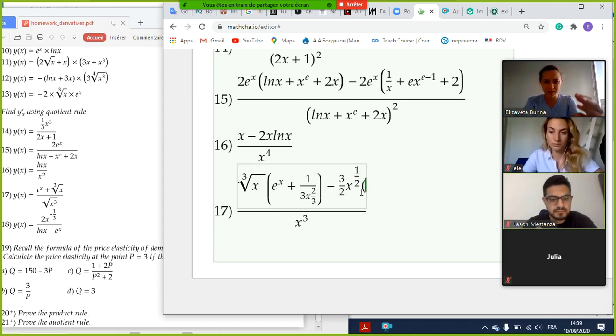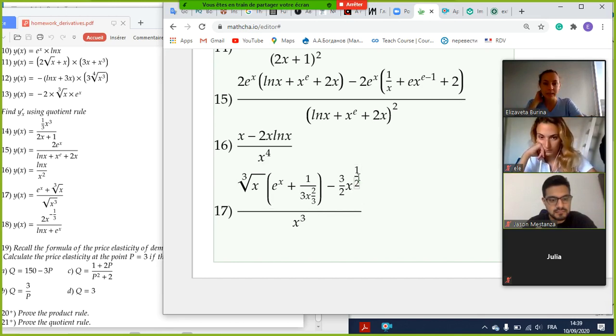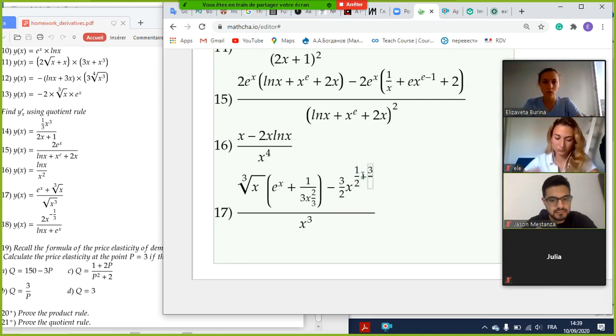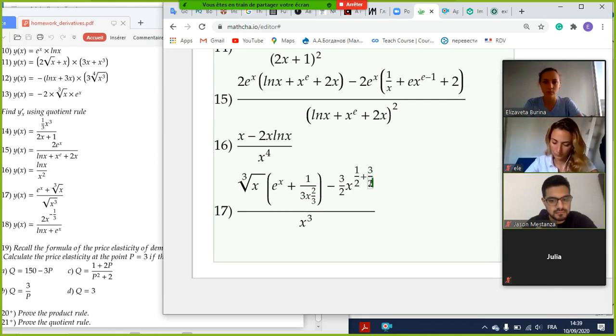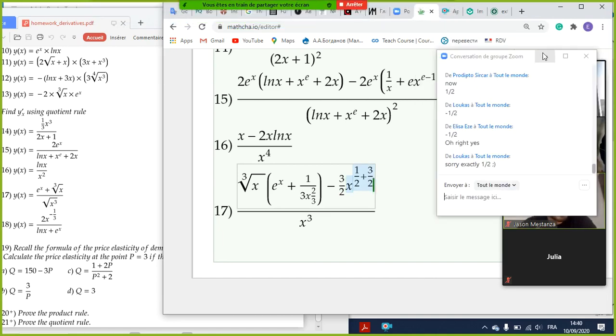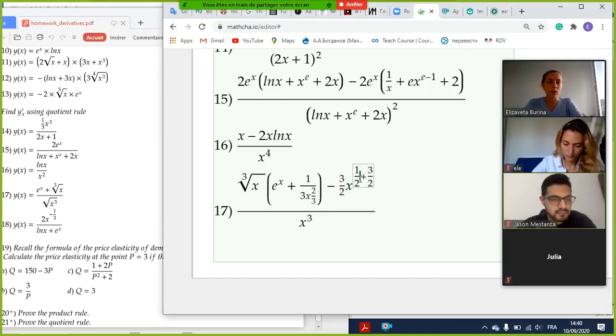Well, here you were supposed to get this nice thing, so let's simplify it a little bit. Now I'm multiplying it by x to the power of 3 over 2, which means I'm just adding this power. So also too nice not to simplify. And we're gonna end up here with which power?